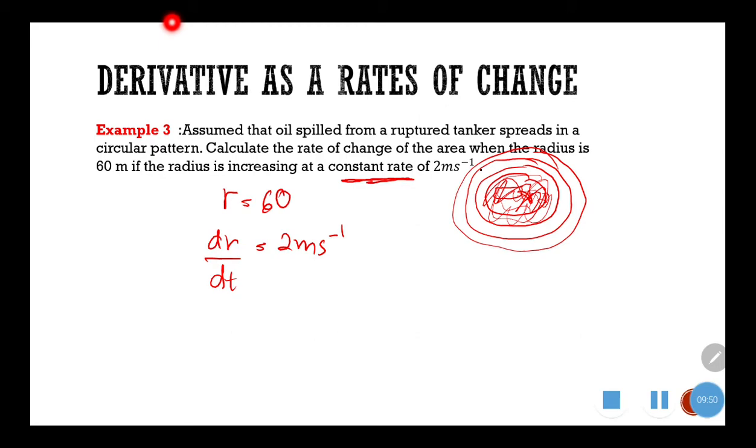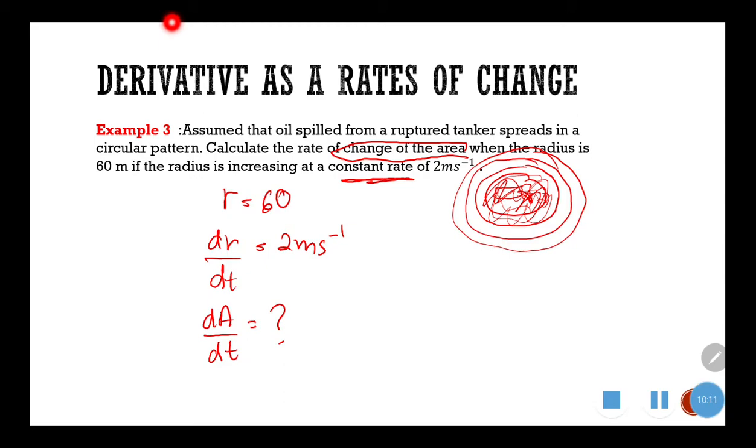Alright, so we have area. We want the rate of change of the area. So the question wants to know how much the area changes with respect to time. dA/dt is equal to what?